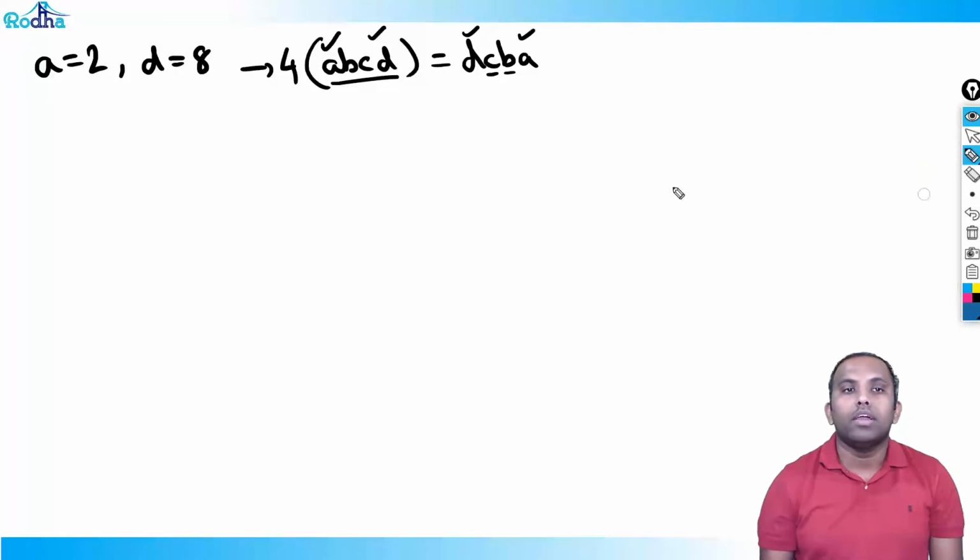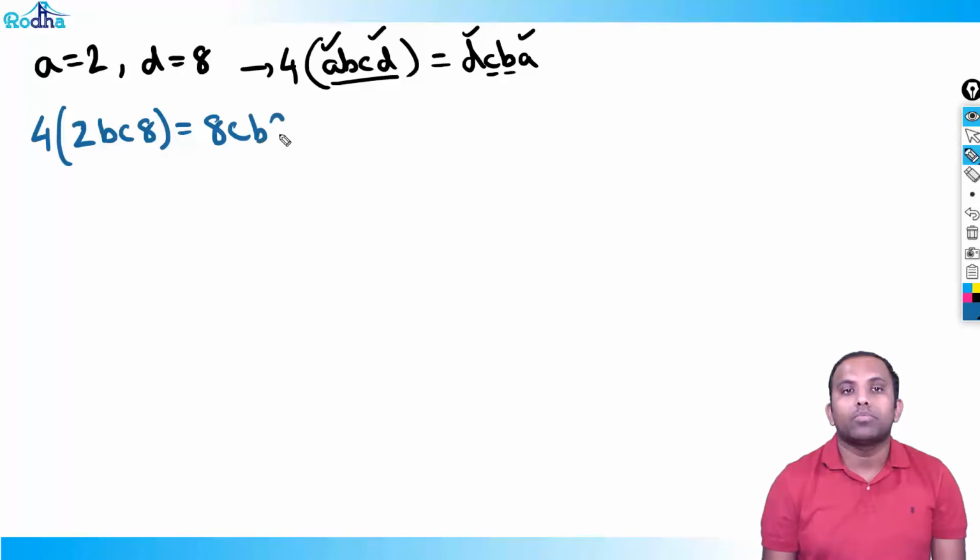So you can quickly get back to our method: 4 into 2BC8 is equal to 8CB2. Now just break this number: 2BC8 is 2000 plus 100B plus 10C plus 8.